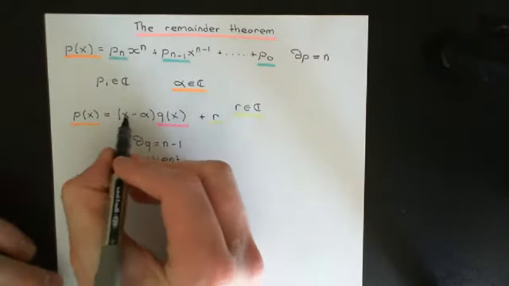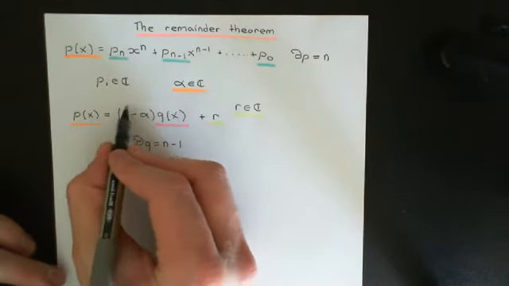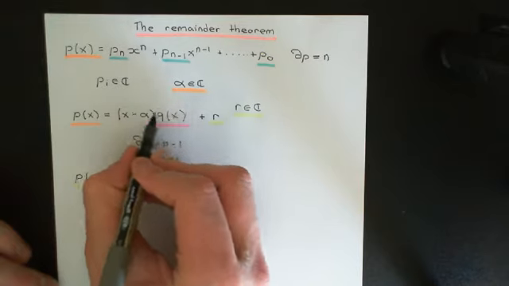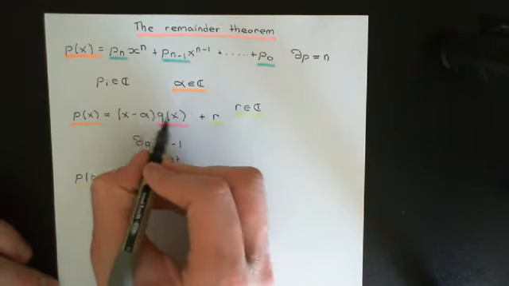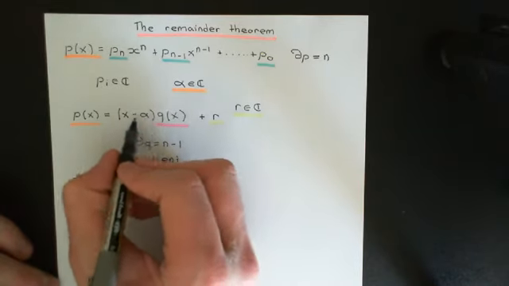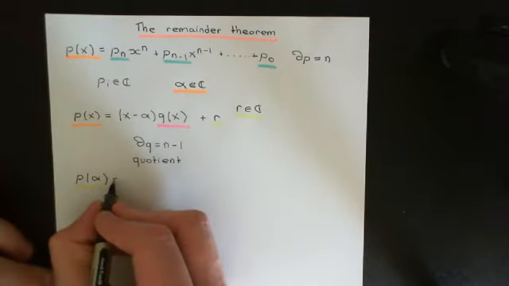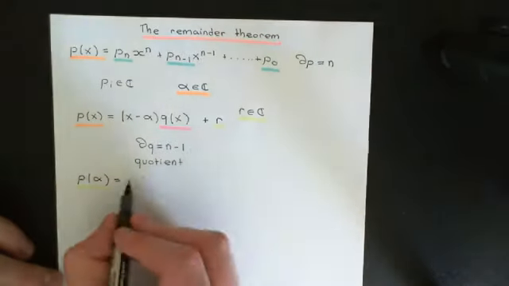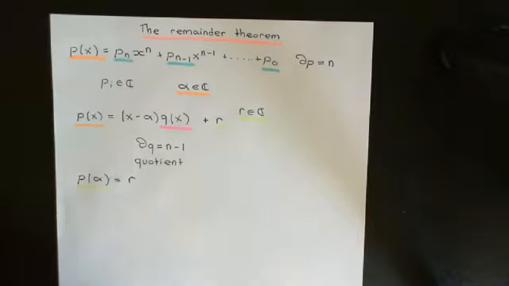On the right hand side, I'll get alpha minus alpha, which gives me 0, and then 0 times whatever q of alpha is. I don't care what q of alpha is, because anything times 0 in the complex numbers is just 0. That leaves the constant term r, which is unaffected by what alpha you put in for the x variable.